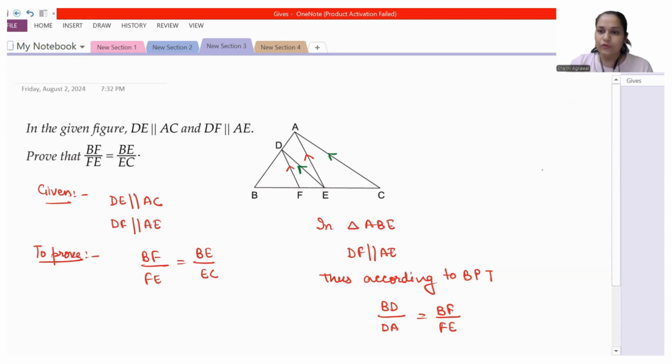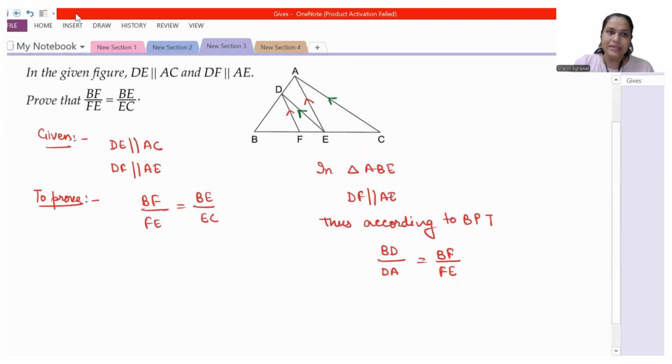Now I'll move to the triangle where the other two parallel sides are. You can see the triangle here. In triangle ABC, you can see there are parallel sides, AC and DE. DE is parallel to AC.